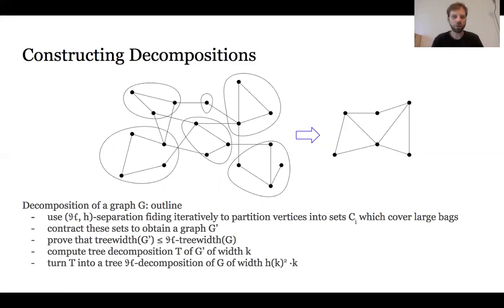And because of this property, we can prove that the 3 width of G prime is bounded by H3 width of G. So now we can use the known algorithms to compute a 3 decomposition of G prime and then turn it back into a 3H decomposition of G using some properties of the HK separations. And the same outline works for finding H elimination forests.